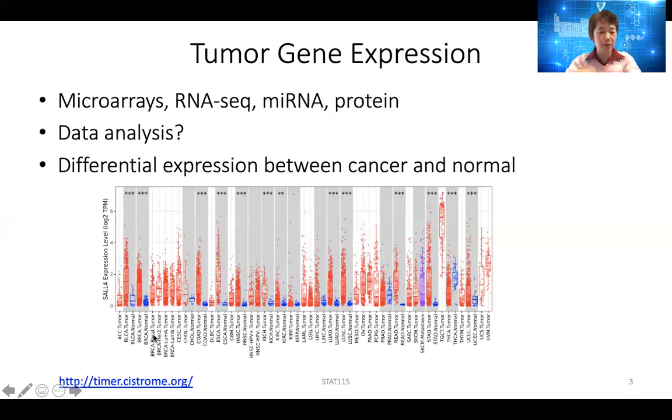If you just look at all the samples together, this is just for one gene's expression, you can see roughly how high this gene is expressed in the different tumor types, whether it's more highly expressed in the tumor compared to the normal, and whether there's a difference in the tumor stage, for example, from the primary tumor to the metastatic tumor, and so on. Right? So that's the very basic analysis. You can imagine after you do differential gene expression, you can also run gene set enrichment analysis and things like that.